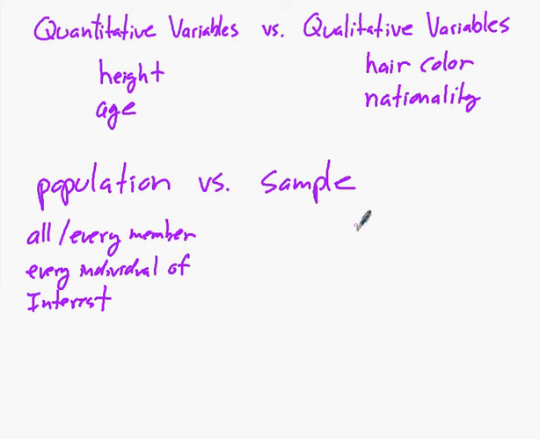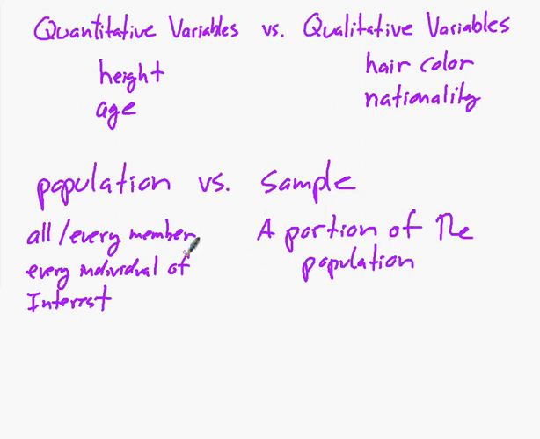So we end up taking a sample, which is a portion of the population. And we have to recognize when we have a portion, when we have the whole thing, and there are in fact different calculations depending on what we have.